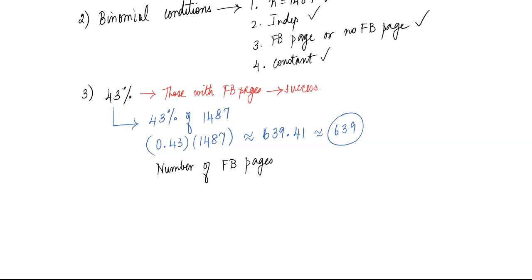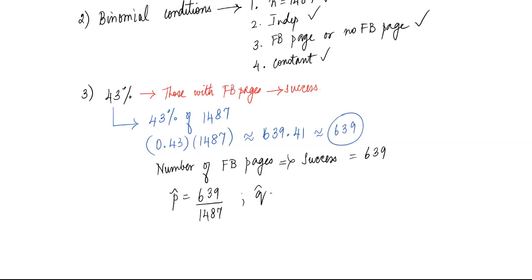The number of FB pages is the success, which is 639. So if you are talking about p hat, it is 639 out of 1487, because p hat is the probability of success here.